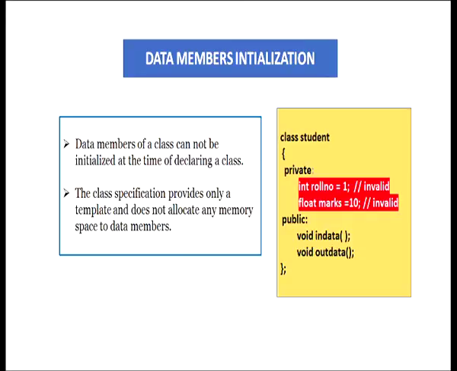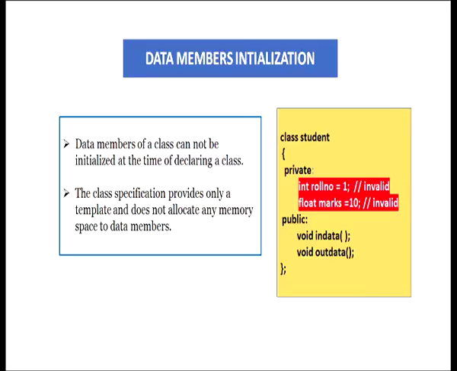The necessary memory space is allocated to data members only when the object of the class is created. So, we cannot assign any value to the data members before the object of that class is created. For that reason, there are special member functions which have been declared inside the class to give the initial values to the data members of the class.